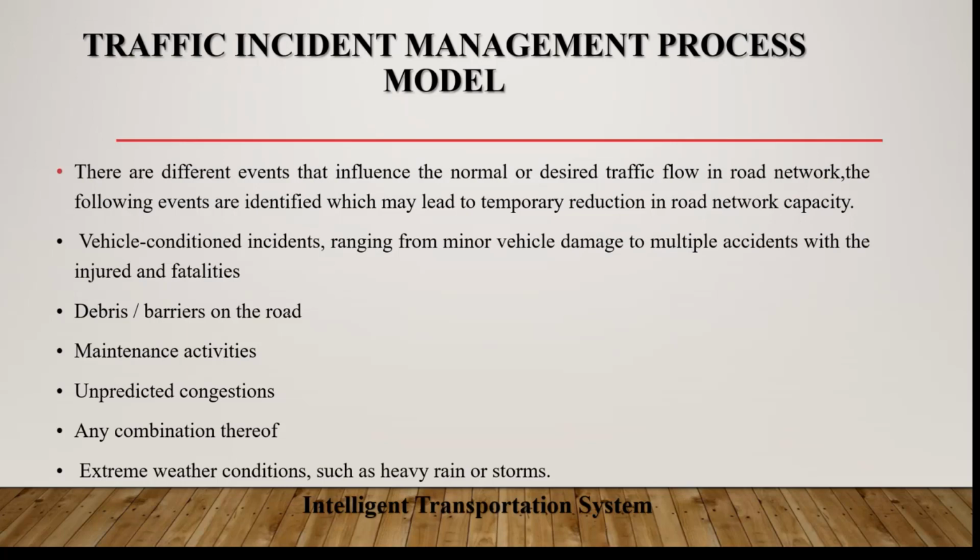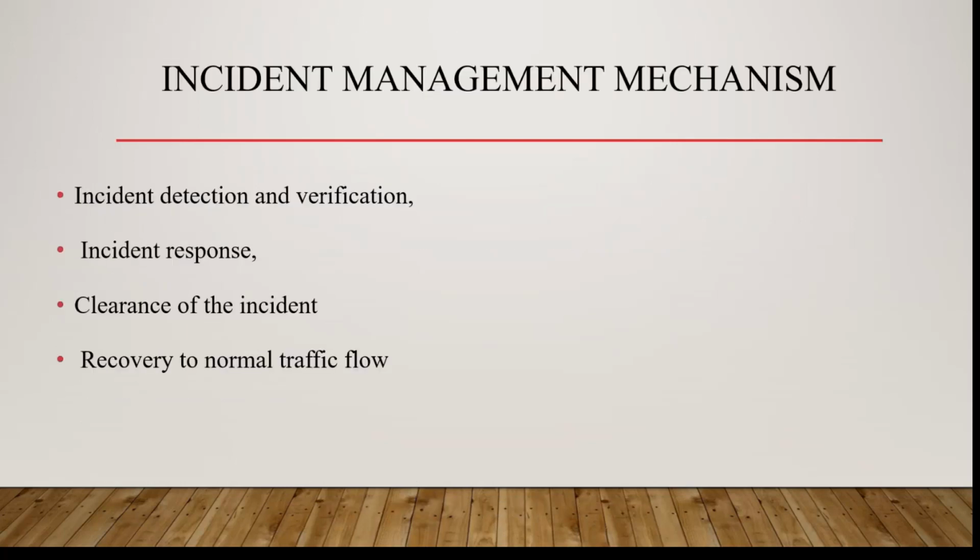We can also detect it at the barrier system. We can also use it for maintenance activities as well, and also for unexpected congestion and so on. We can even use it at the time of a rainstorm or heavy weather which does not allow vehicles to move simultaneously.